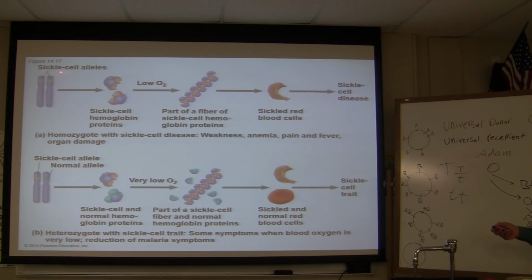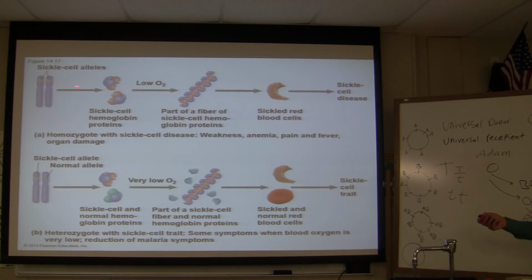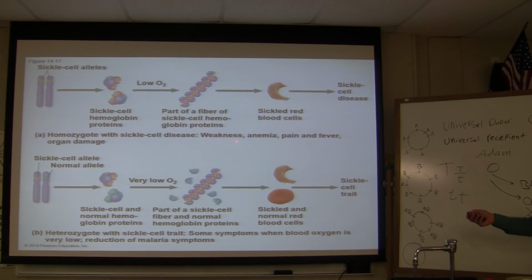Sickle cell, as I said, look at this chart for yourself. People who are completely sickle cell are homozygous recessive. Homozygous sickle cell disease: weakness, anemia, pain, fever, organ damage. They usually die young.